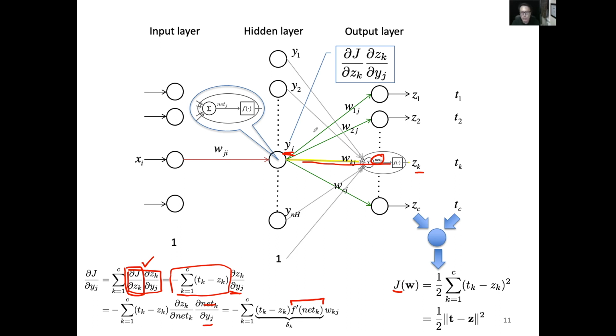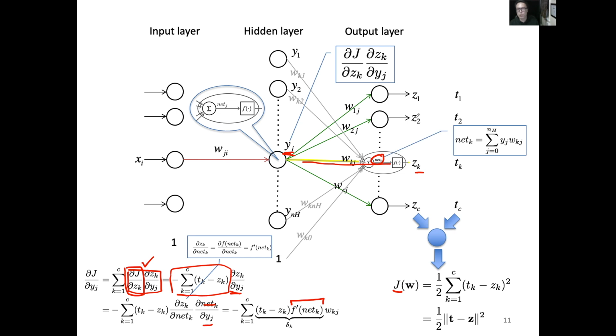Just to recall, when we consider this net k, we will have a linear combination of y1 times the connection weight of this line, plus y2 times the connection weight at this line, and so on. I just show the connection weights right here, wk1, wk2, and so on up to wk0, so now we represent net k as the weighted sum of yj.